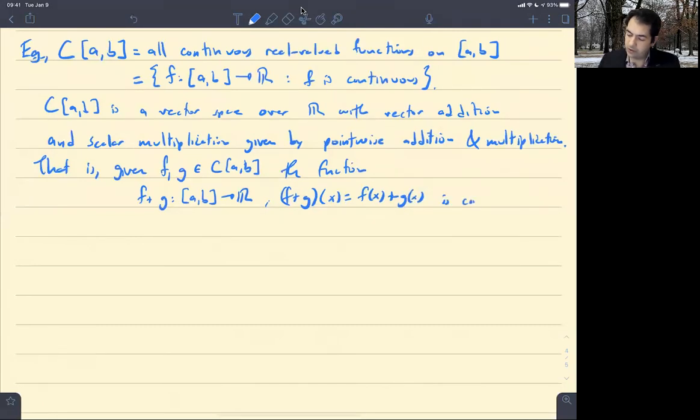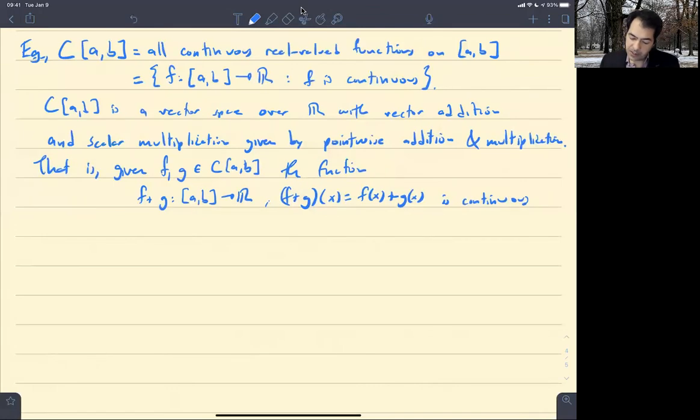This is continuous. Right, so that gives us an addition of two vectors. Here the vectors are functions from the set of continuous real valued functions on [a,b] into the set of continuous real valued functions on [a,b].